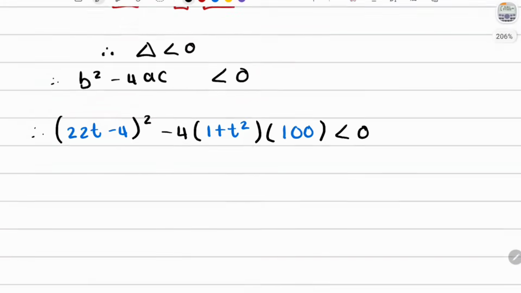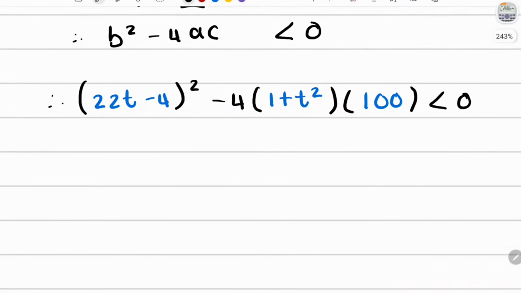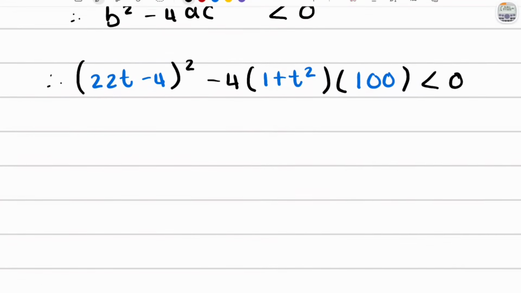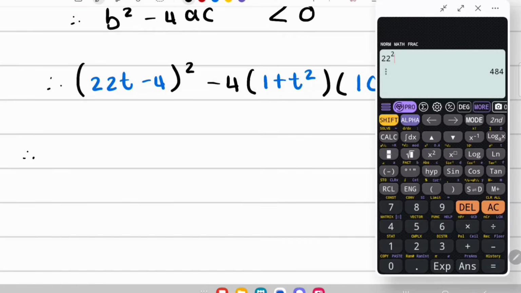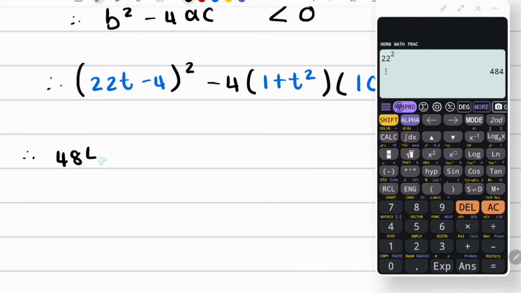Okay, a lot of squares, and we just have to be really careful here. Let's go ahead. So the first thing we're doing is we're squaring 22t. Well, 22 squared is 484. Okay, you could manually calculate it, but that takes long. You need a calculator here. Then that's 484 t squared, right?